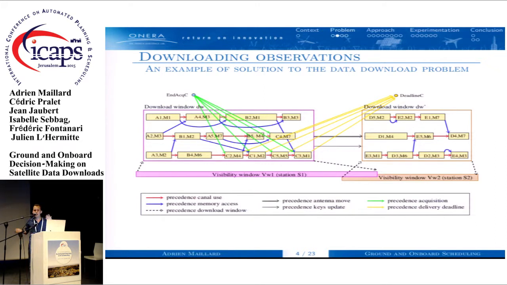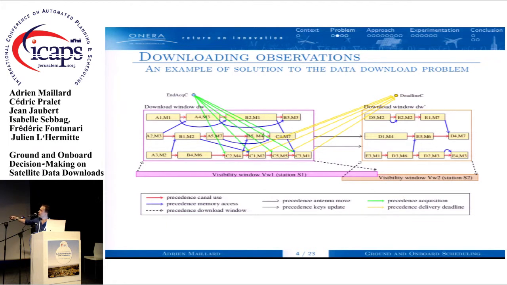So this is a very simple example of what a data download plan looks like. So we can see the different constraints. So here you have the visibility windows, during which communication is possible with the ground. You can see that they are overlapping. So sometimes the satellite sees several ground stations at a time, but it can only communicate with 1 station at a time.